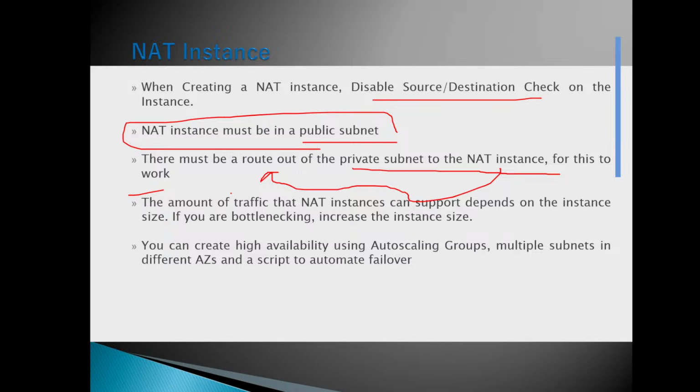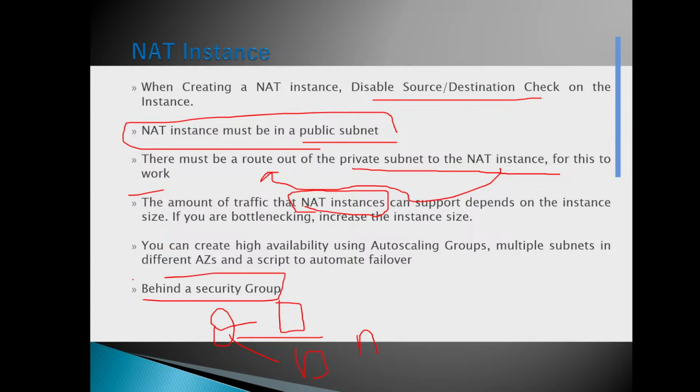So we have seen this. If you are still using a NAT instance, create an auto scaling group so it automatically creates the NAT instance. If the NAT instance goes down, it will create another one. Create two NAT instances instead of one.